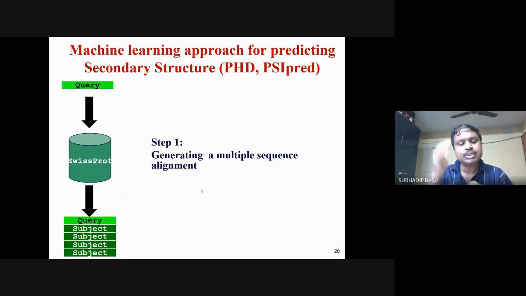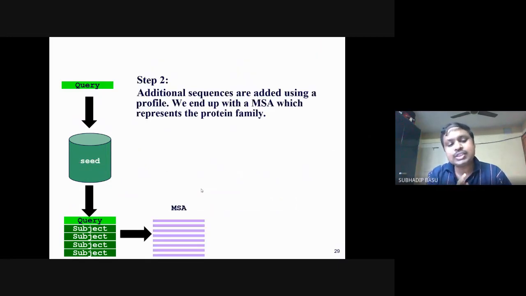In this example, suppose you have a query protein and you obtain 4 proteins that are significantly aligned to the query protein. So you get a multiple sequence alignment score. What you can do is also have an iterative approach.